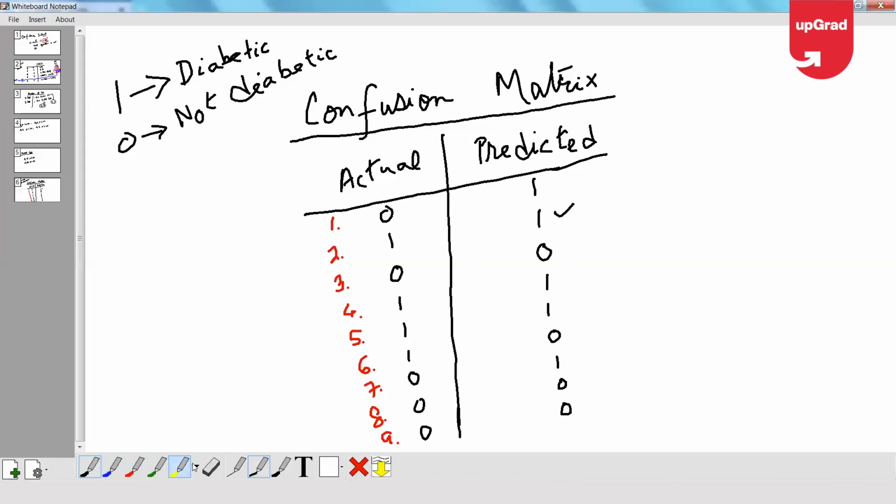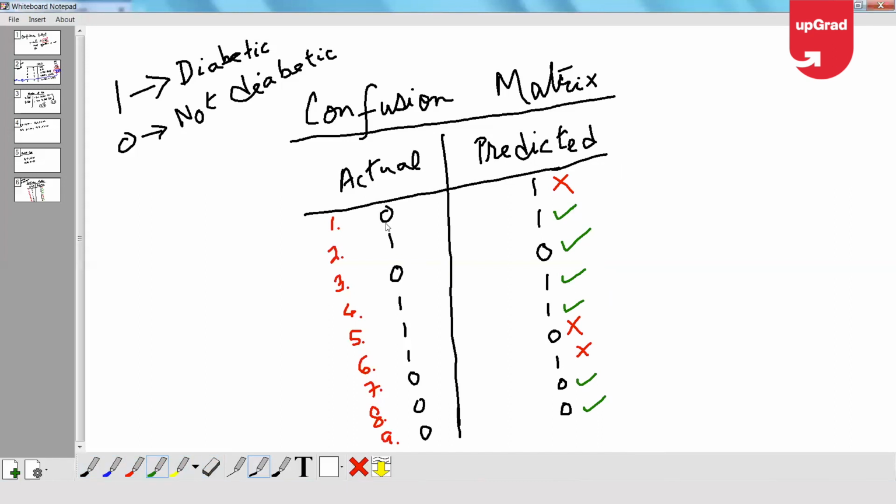This is a correct prediction. This is a correct prediction. This is a correct prediction. This is a correct prediction, and this is a correct prediction. And what are the wrong predictions? This is wrong. Wrong. And this is also correct, right?